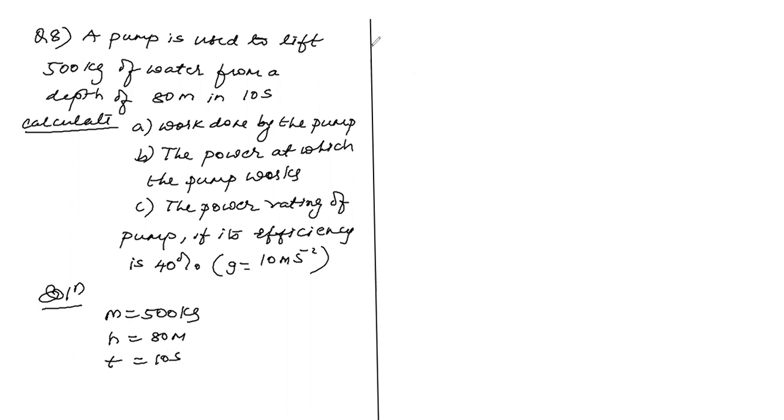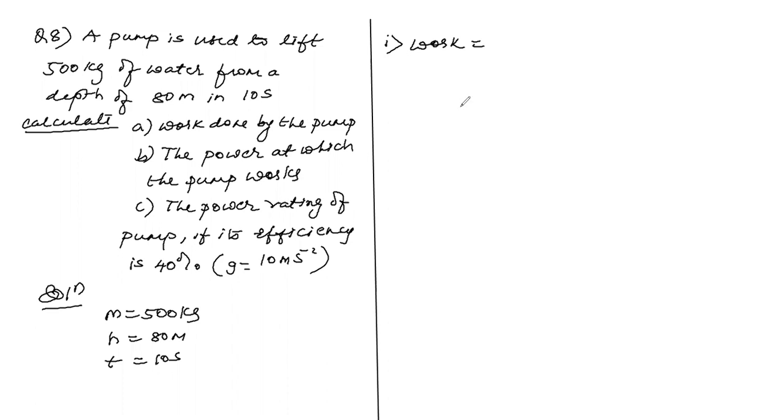So the first part of the question is calculate the work done. I have told you children, the formula for work is force into displacement. But in case of lifting, the minimum force you have to apply is equal to weight. To lift a thing, the force you have to apply is always equal to weight. So force is mg and displacement is h.